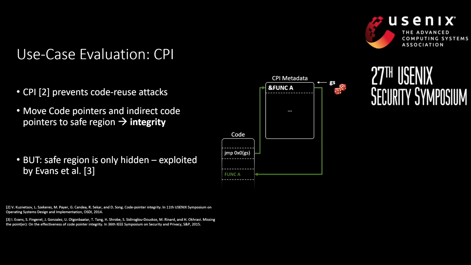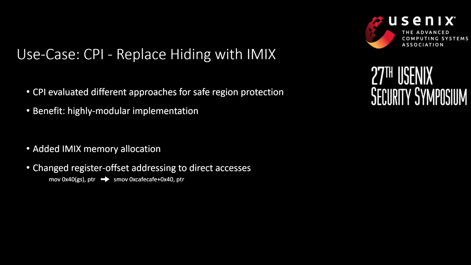This is how CPI works. So for CPI, you take a regular code pointer, move that with some metadata to the safe region, and restore it if necessary based on an indirect dereference, using the GS register. In the CPI paper itself, the authors evaluated different approaches for safe region protection. Originally, for 32-bit architectures, they used segmentation, and for 64-bit only randomization.